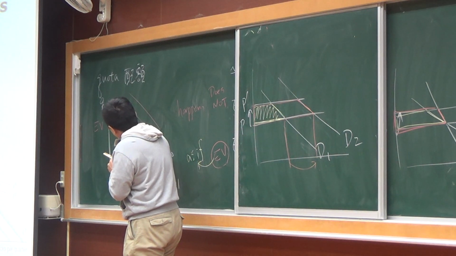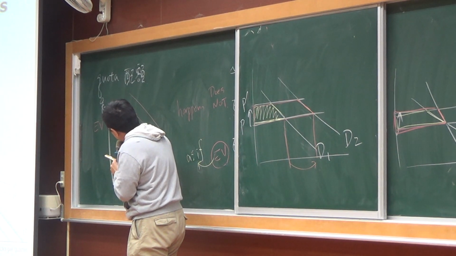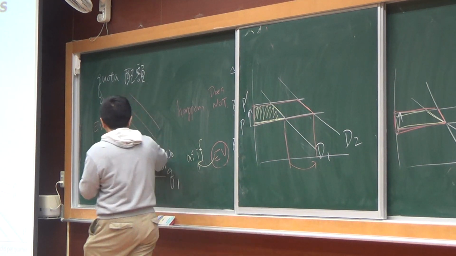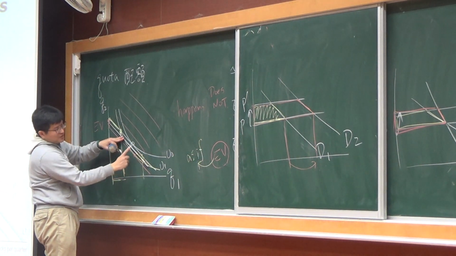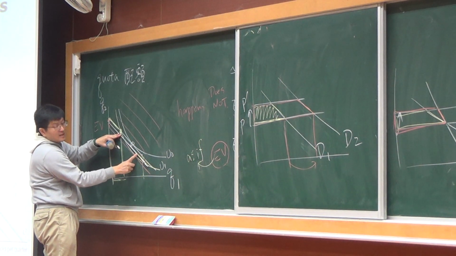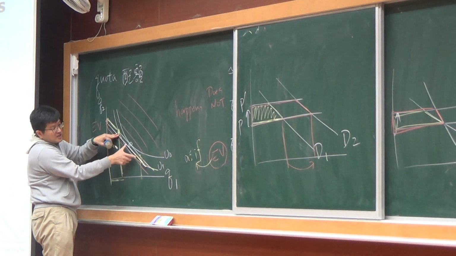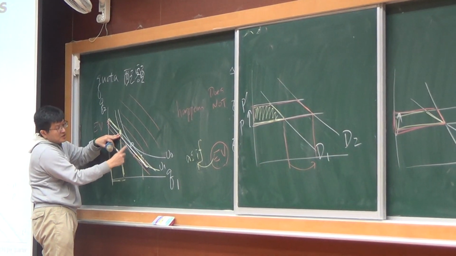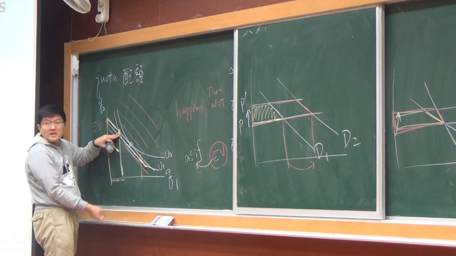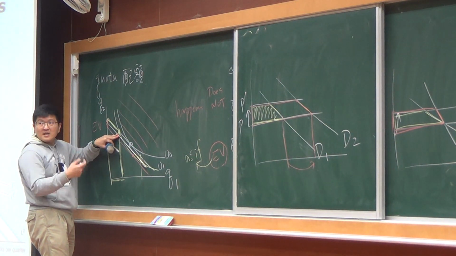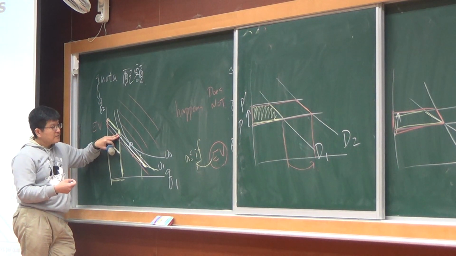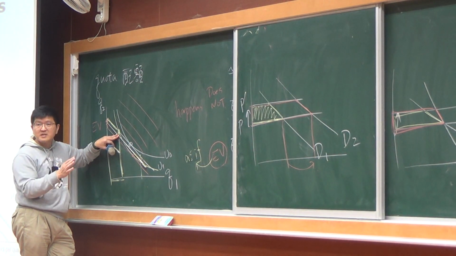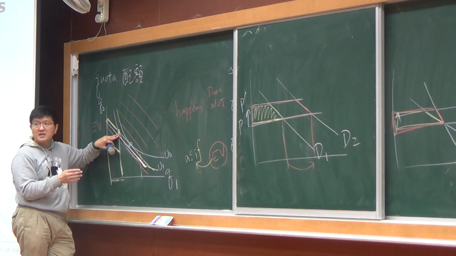If you take away a little bit of money from me, I will feel better because I may choose a point here, right? And if my consumption falls within this part, my utility level will be higher than U1. Is that right? So I would like to communicate with the government that, okay, you may take away some money from me, but please don't implement the policy.